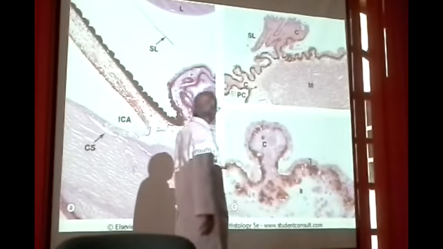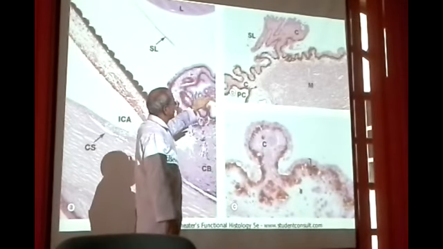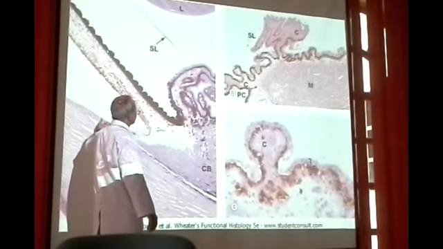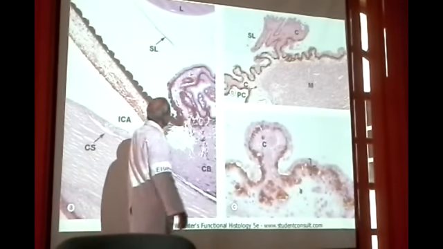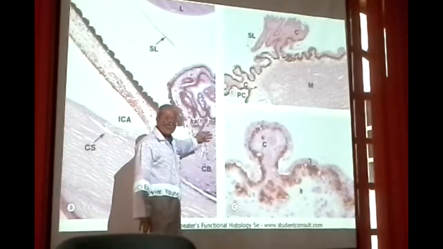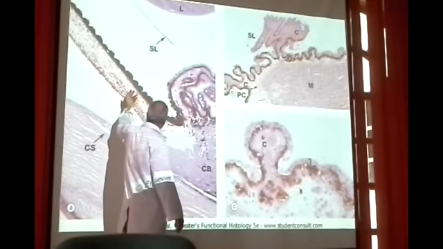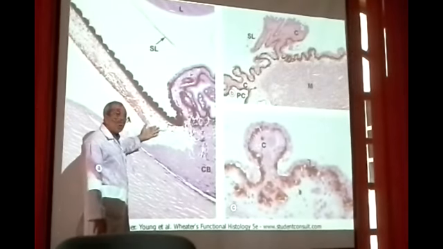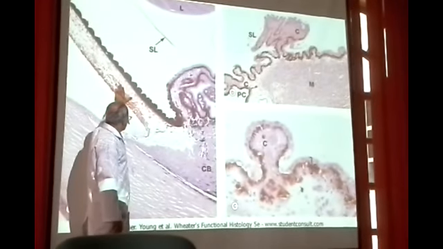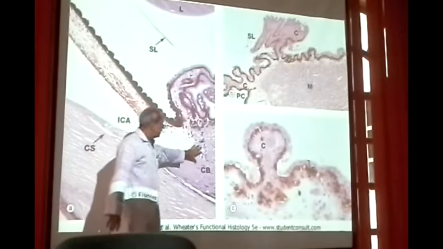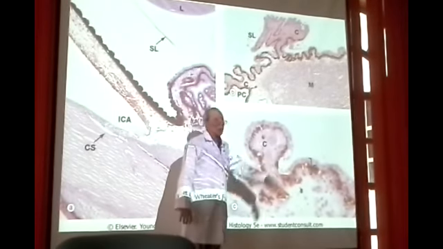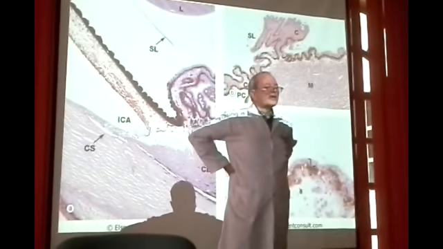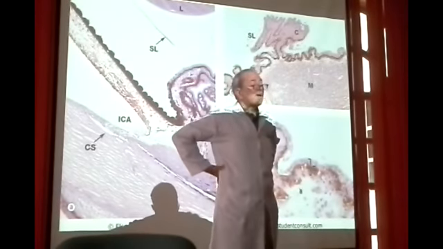Now, what is the structure of the ciliary body, which is a part of the uveal tract? The uveal tract is the middle tract, which is formed of vascular, pigmented, connective tissue, formed of iris anteriorly, ciliary body, and then the choroid. So, what's the structure of the ciliary body?